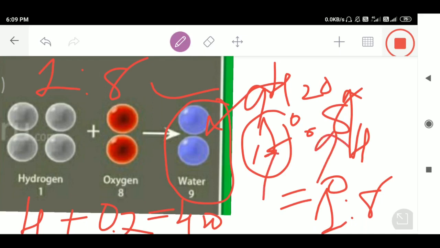That means 1 part of hydrogen and 8 parts of oxygen react with each other to form the water molecule.